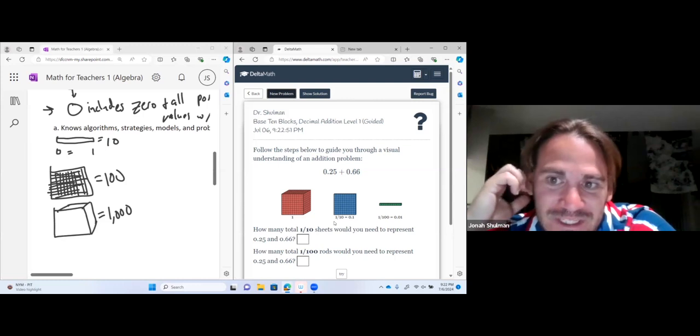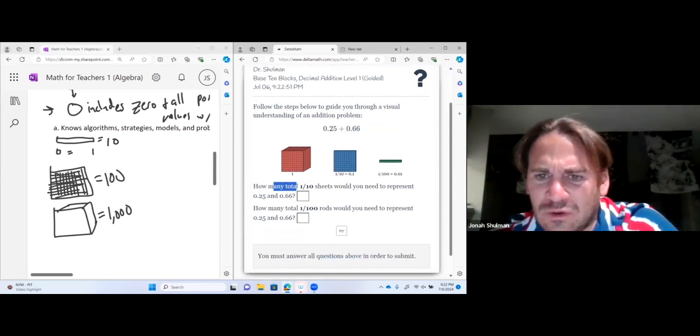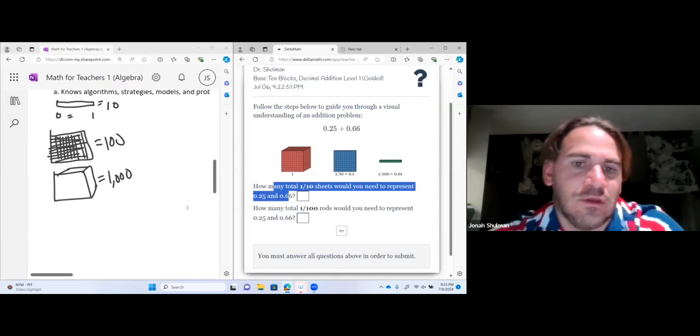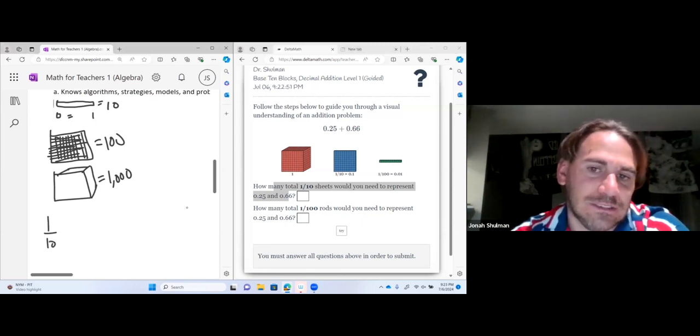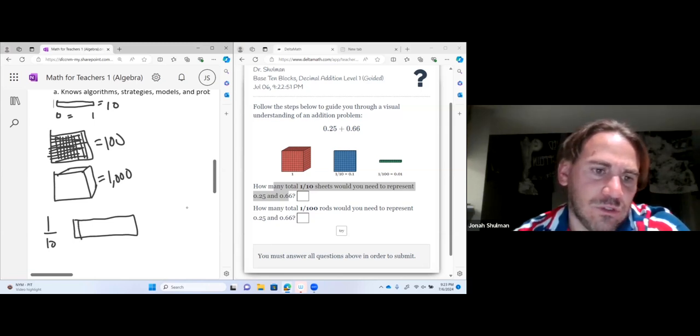So follow the steps below to guide you through a visual understanding of an addition problem. How many total 1/10 sheets would you need to represent 0.25 and 0.6? So this is 1/10. When we're talking about 1/10, we can visualize this as literally one of these blocks. This is how I visualize it. 1, 2, 3, 4, 5, 6, 7, 8, 9, and this is colored in.